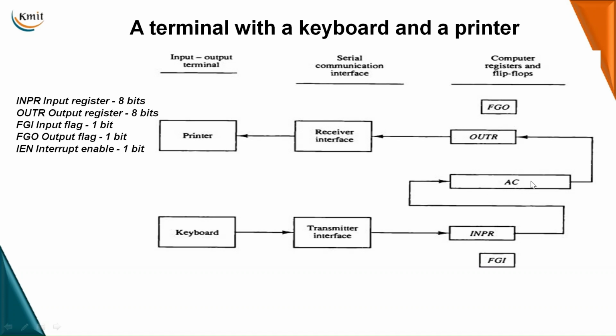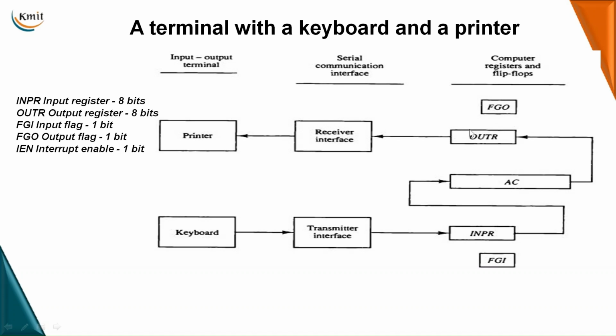Similarly, at the sending side, whenever a computer wants to send information to the user through an output device, and it has information present in the accumulator that has to be given as an output, it first checks the flag bit of the output register, FGO.